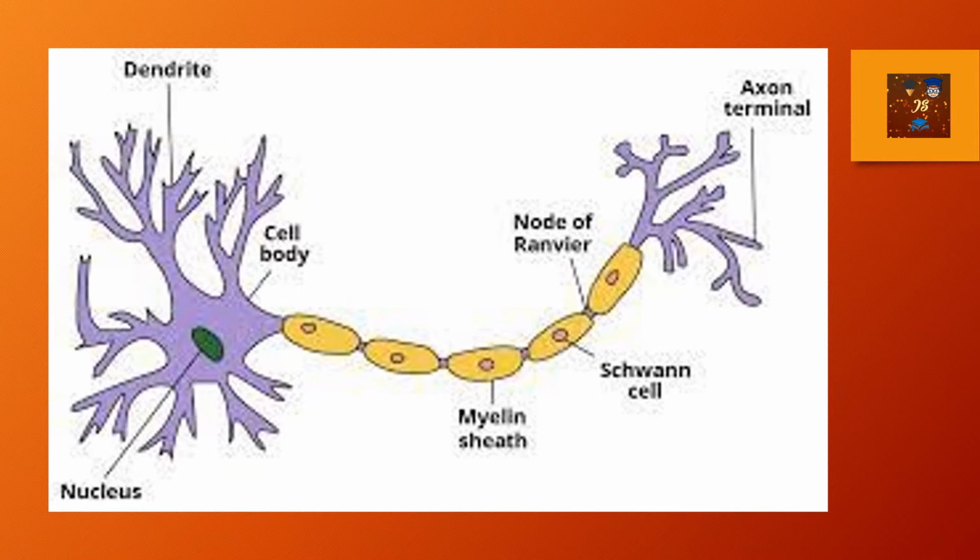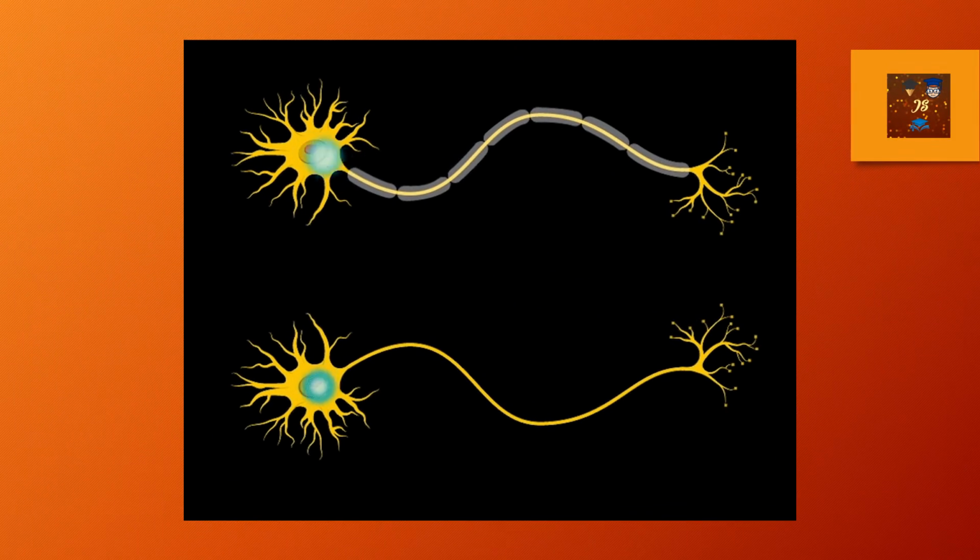Next, if we see these two, basically drawings of two neurons. Here you can see that the myelin sheath is present, and here no myelin sheath. Understand?